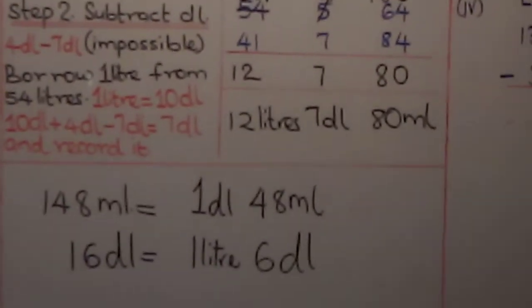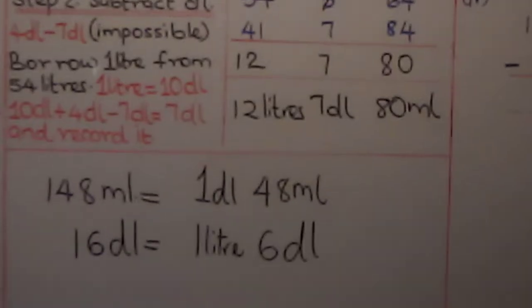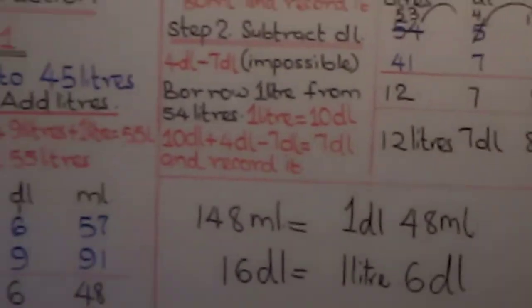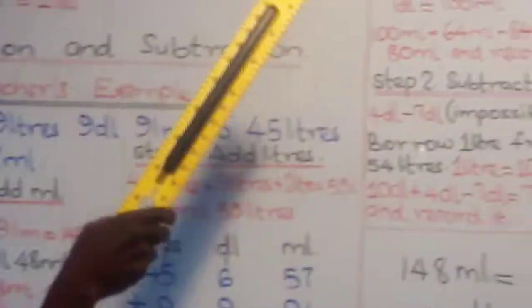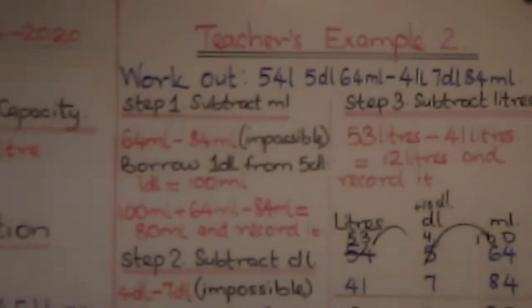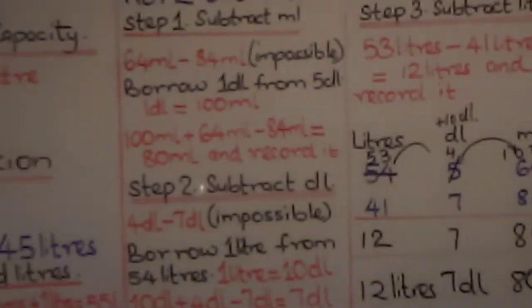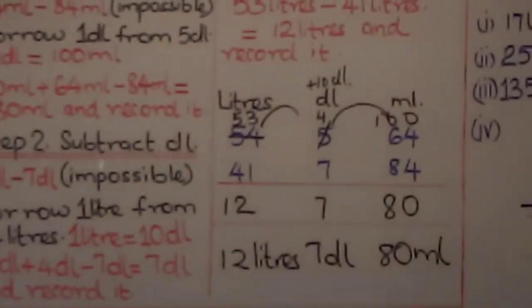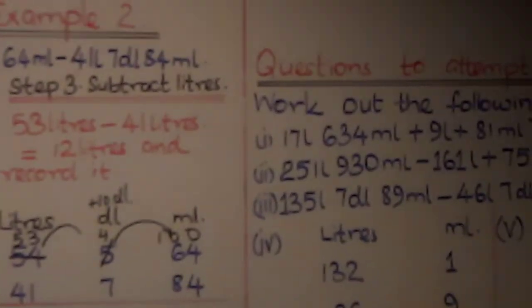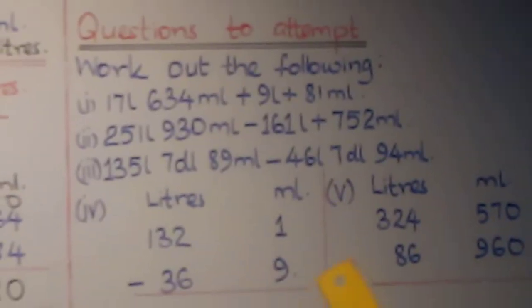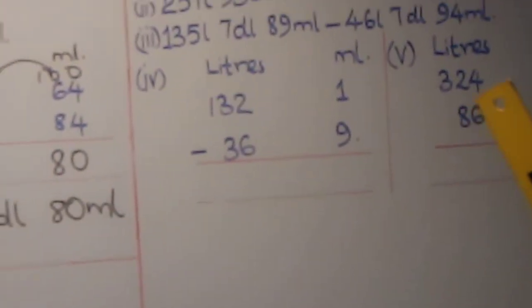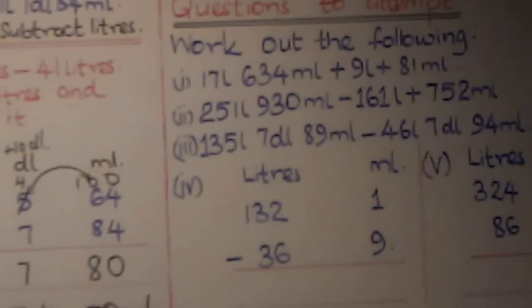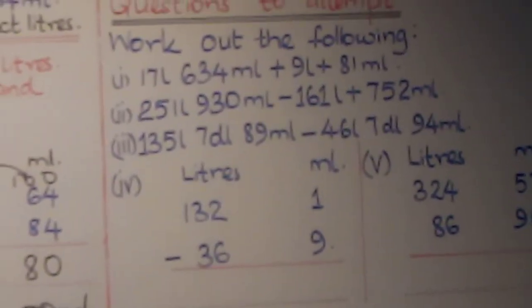Boys and girls, now you have had a test of addition of the units of capacity and subtraction of the units of capacity. Now, here are questions to attempt. What I want to do for you here is number 4, and then I leave the rest for you to do on your own.